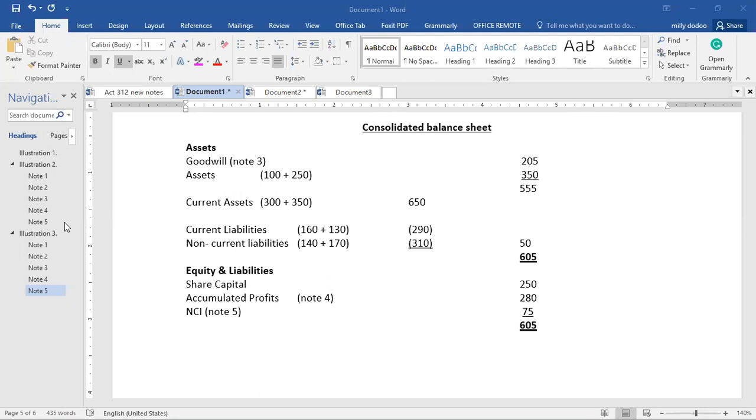Once you're able to handle illustration 1, 2, and 3 very well, it means that your understanding of how to treat goodwill, how to treat post-acquisition surplus, how to treat pre-acquisition surplus, and how to determine group structure is well-grounded.